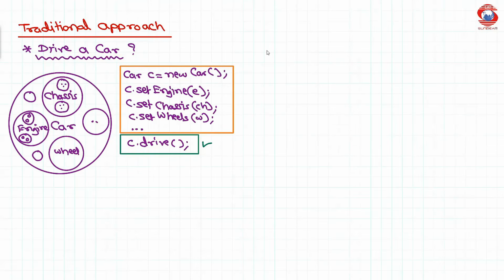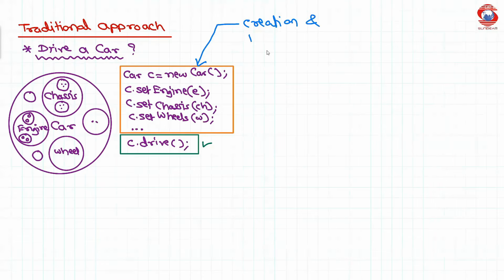Now, let us think in a reverse way. It is a thought process. Why don't you outsource this particular part, exactly this part of creation and initialization of the object?